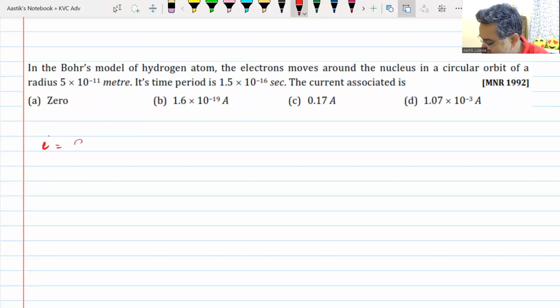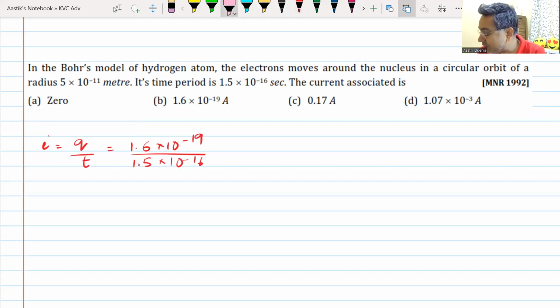I is equal to Q by T. The electron is moving in a circular orbit, the charge of an electron is 1.6 × 10^-19 coulomb, the time period is 1.5 × 10^-16. You multiply, divide, and you end up with the answer given here. God is great, and we have seen his greatness now. I hope this greatness continues in the next question.